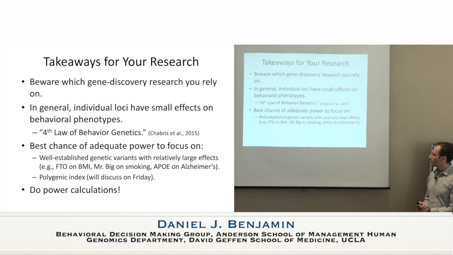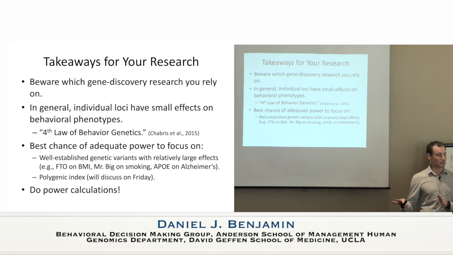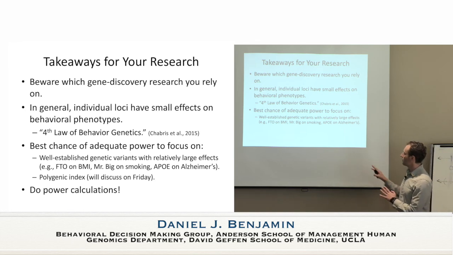There are some exceptions, though. I want to make sure you come away with this lecture understanding that there are some cases of variants that have large effects. Here are probably the three most relevant for research you might be interested in. There's the FTO gene, where it's well tagged by a SNP that has a fairly large effect on BMI.